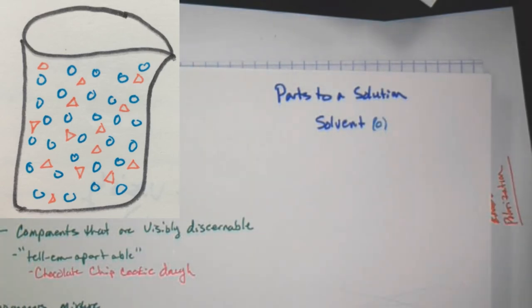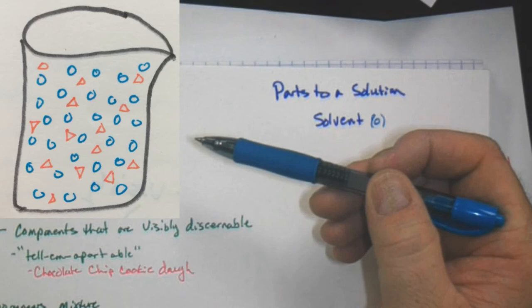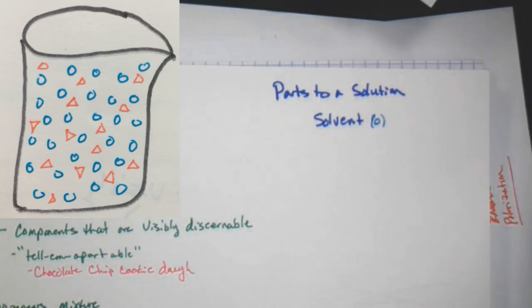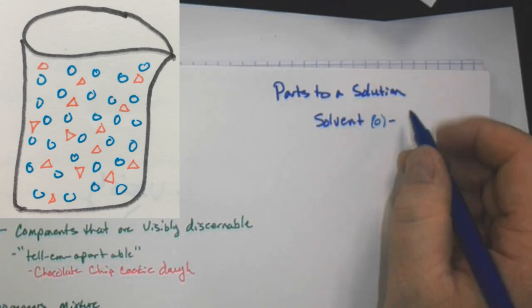So it is the light blue part in our drawing over here. That's the solvent. It is the most abundant. Okay, what the stuff is dissolved in.